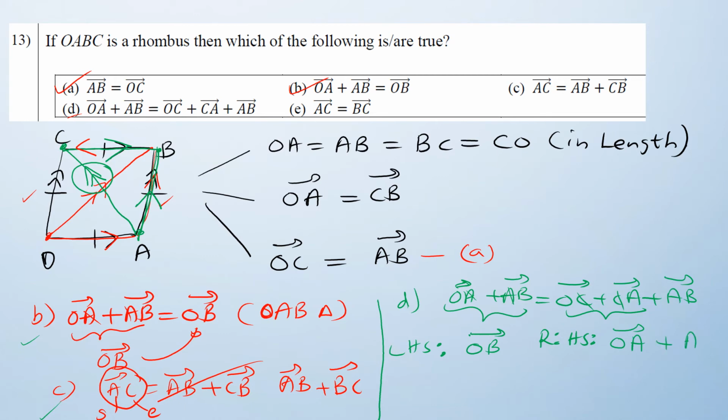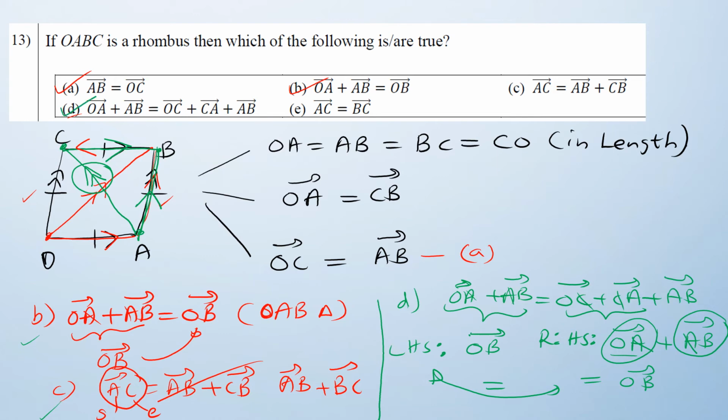Then we have to add AB again. Then again we have OA and AB vectors in an order. So we can get the summation since this is the common point. Summation becomes OB. So finally we have left hand side same as the right hand side. So D is also true.